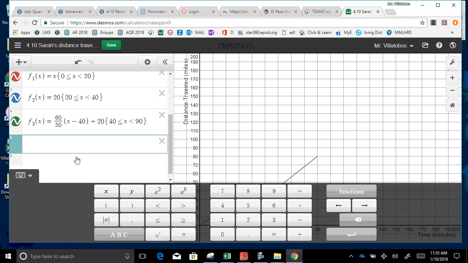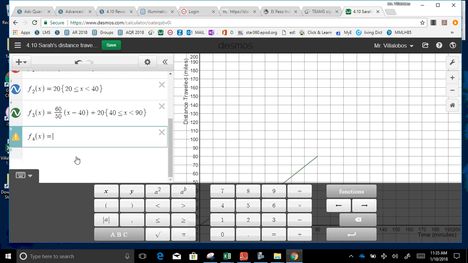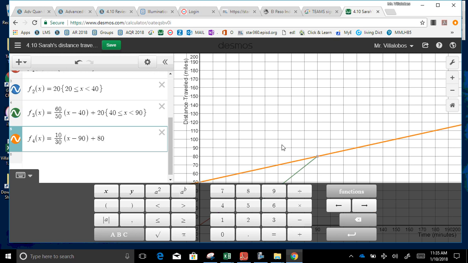Now, the fourth piece, that was the traffic nightmare. It only went 10 miles in 30 minutes. And that started at minute 90, so subtract the 90. But you were not 20 miles away, but 60 plus 20, which is 80. So that's where this starts here.